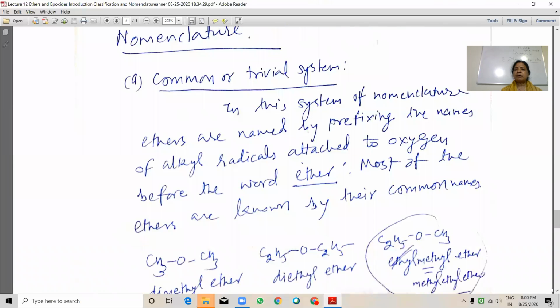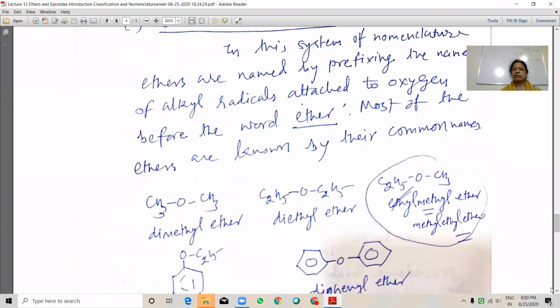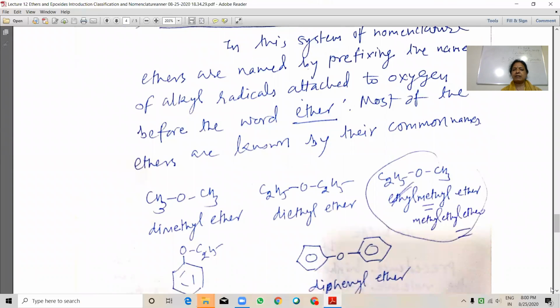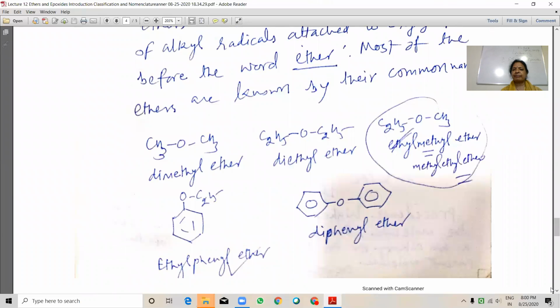In this system of nomenclature, ethers are named by prefixing the names of the alkyl radicals attached to oxygen before the word ether. Most of the ethers are known by their common names: dimethyl ether, diethyl ether. See here, this is dimethyl ether, diethyl ether, methyl ethyl ether, ethyl phenyl ether, diphenyl ether.